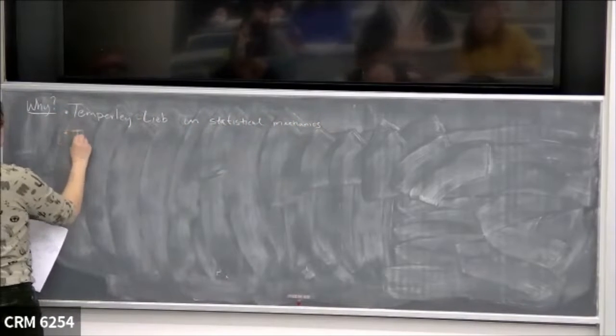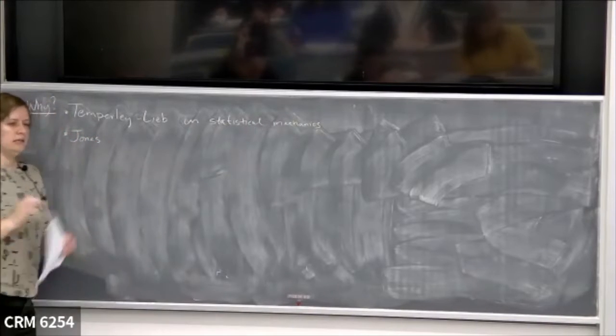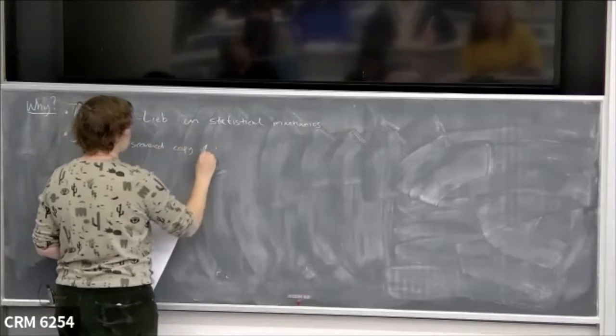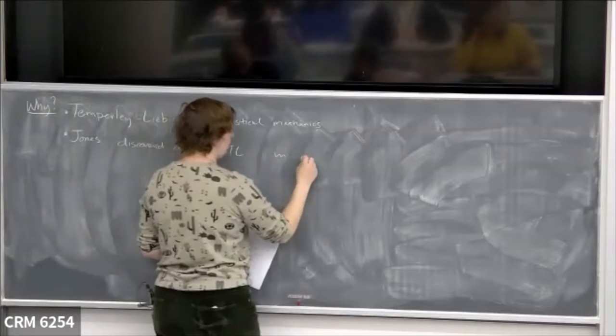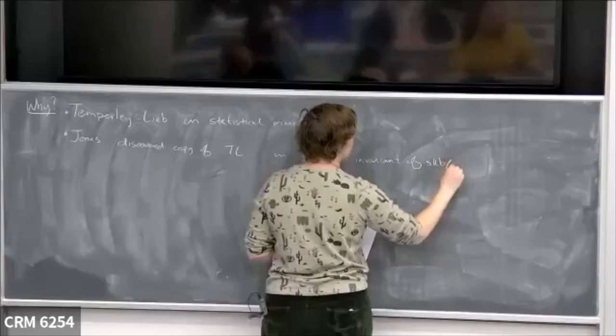And I believe the next place it showed up is that Jones discovered it in subfactors. Jones discovered a copy of TL in the so-called standard invariant of a subfactor.